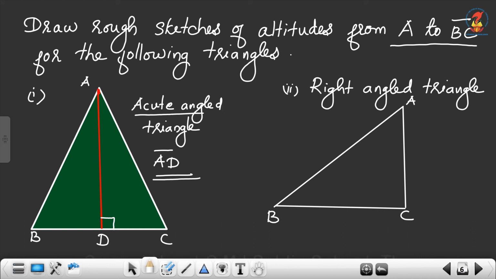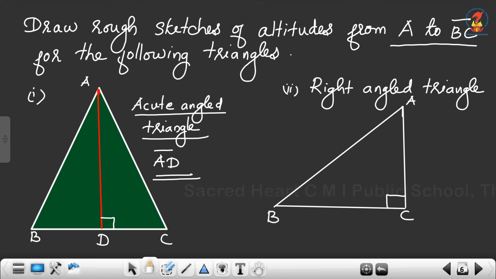So, this is an acute angle triangle, and you know that in the case of an acute angle triangle, all three altitudes are in the interior part. Now, the right angle triangle. From the vertex A to the side BC we have to draw. Look at that, one angle is 90 degrees. The meaning is that the line segment AC and the line segment BC are perpendicular to each other.